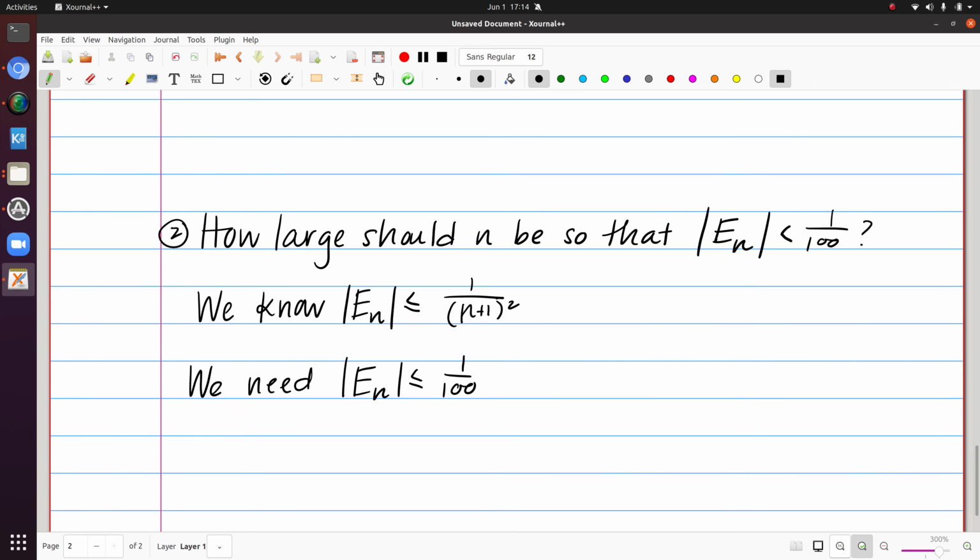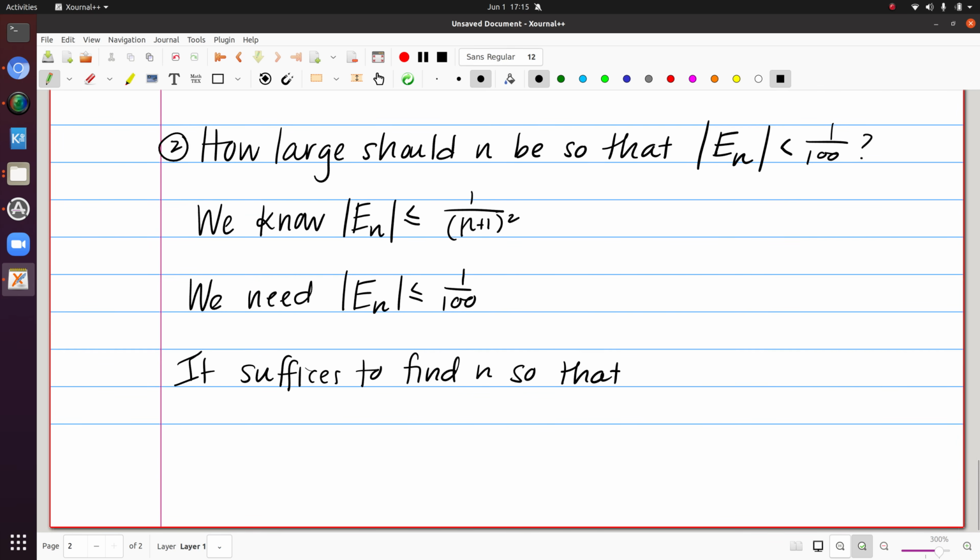So putting these together, it suffices to find n so that our known upper bound is smaller than our desired upper bound. So in this case, that 1 over n plus 1 quantity squared is smaller than 1 over 100. So by the transitive property, that will automatically ensure that the absolute value of e sub n is bounded above as well by 1 over 100.